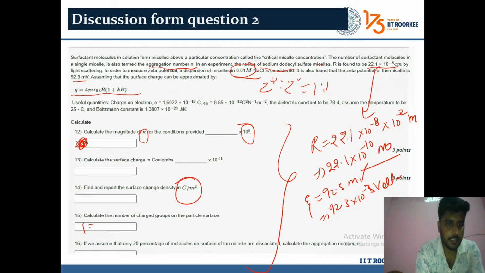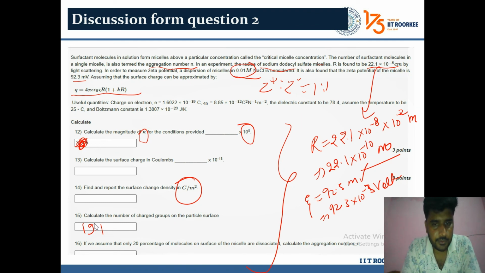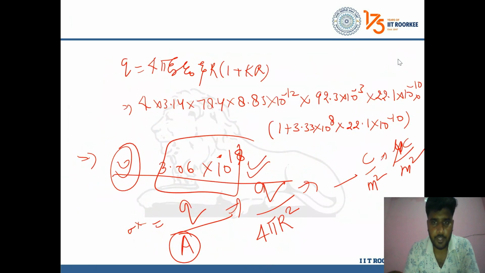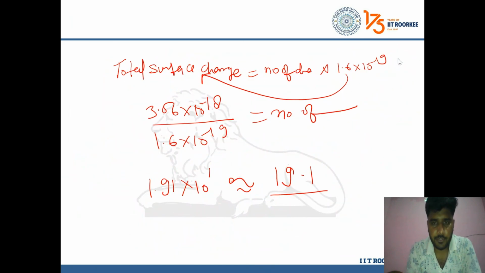And the last question: assume that only 20 percent of molecules on the surface of the micelles are dissociated, and calculate the aggregation number. The aggregation number is the total number of surfactant molecules in a single micelle. So this value is equivalent to the 20% part.